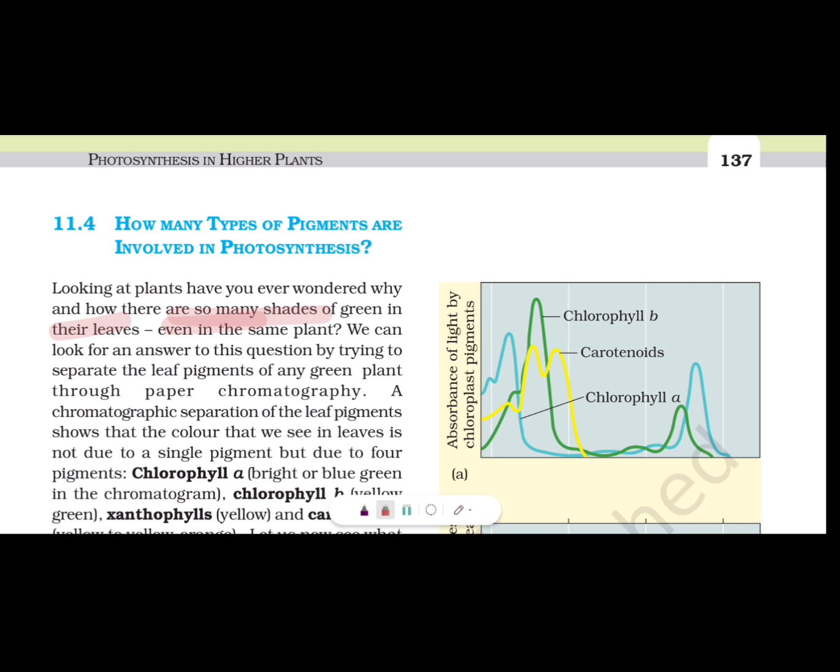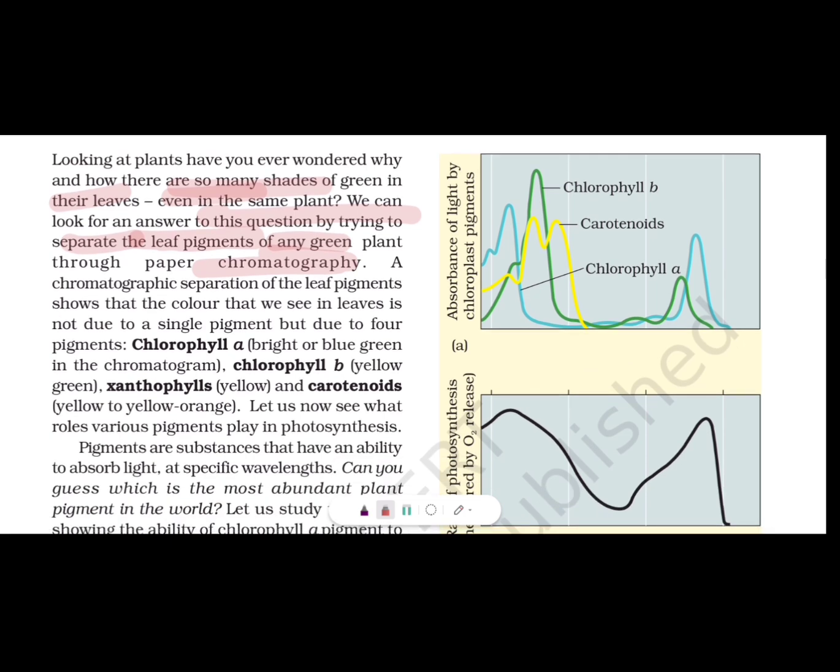We can look for some answer to this question by trying to separate the leaf pigments of any green plant through paper chromatography. This chromatography is a technique used to distinguish the pigments present in the leaves. A chromatographic separation of the leaf pigments shows that the color that we see in the leaves is not due to a single pigment.